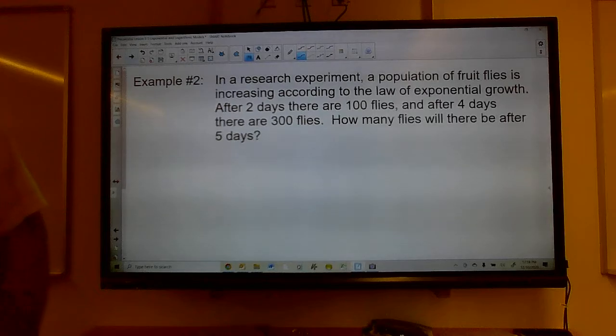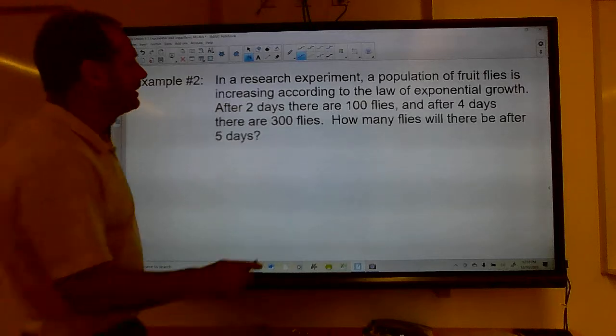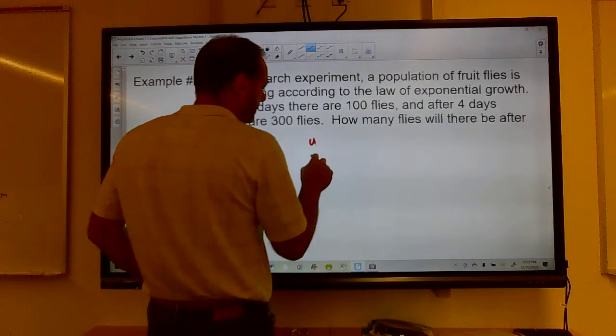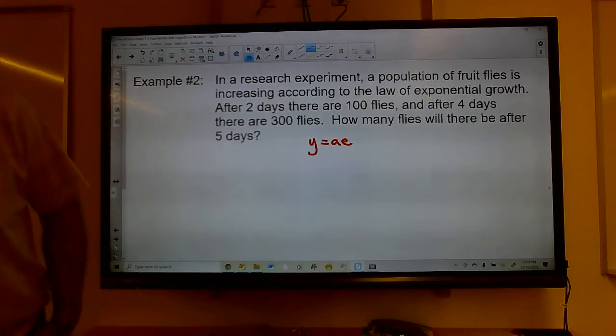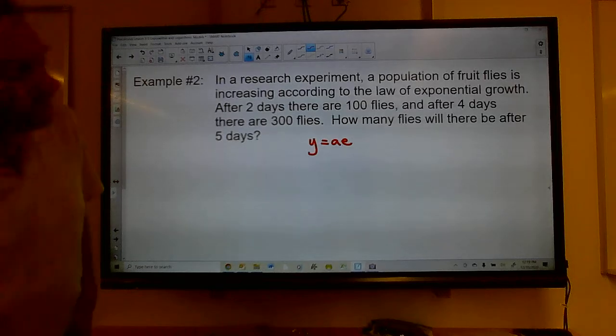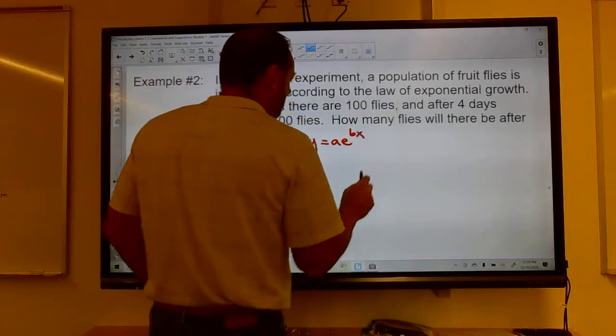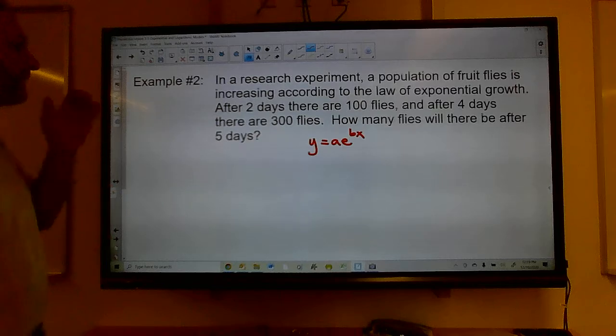Okay. So the first thing we want to do is we want to get down our formula. Okay, we're going to use our exponential formula. So let's see here. That's going to be y equals a times e to the bx. All right, that's the formula we're going to use. Now, what else do we have here?